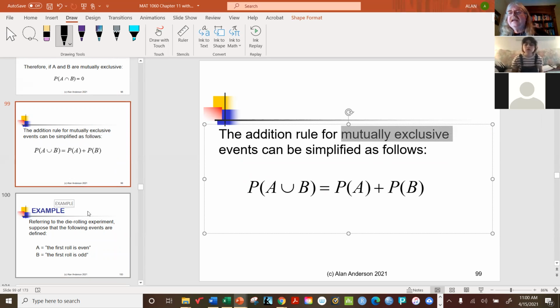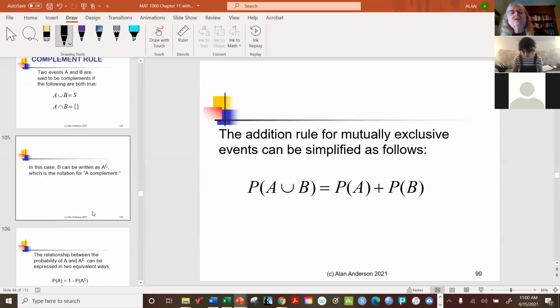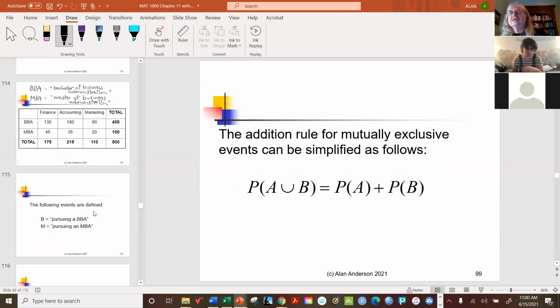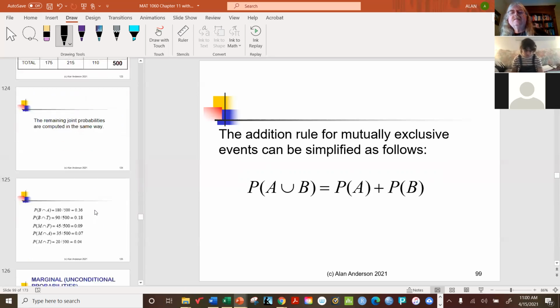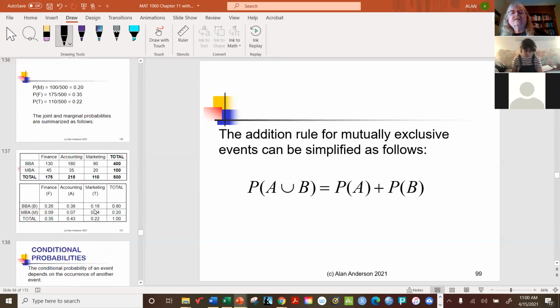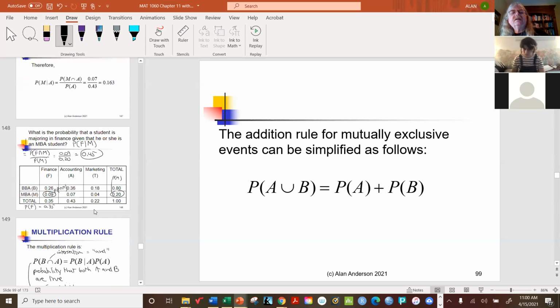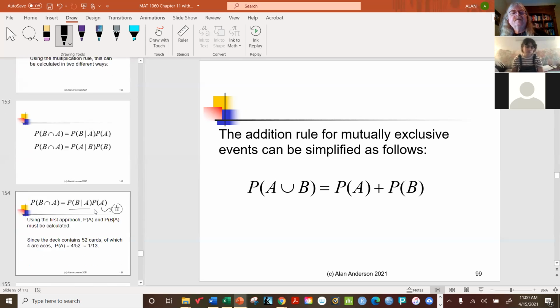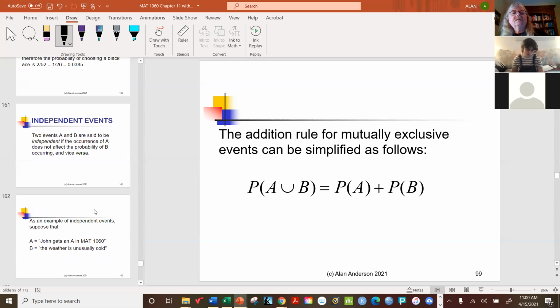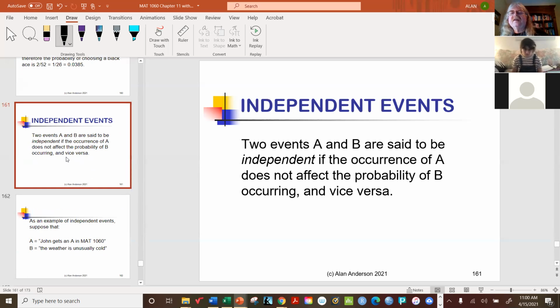Now, with the multiplication rule, there's also a simpler version available to us, but it's not based on mutually exclusive events. It's something completely different, which is called independent events. This is a very different idea. Now, you know what the word independent means, you see it all the time.